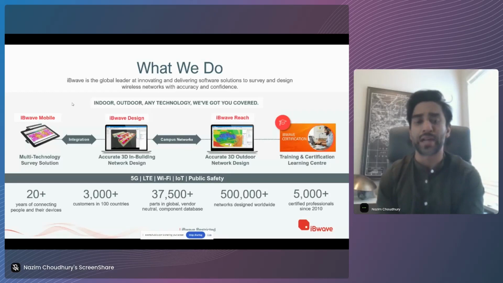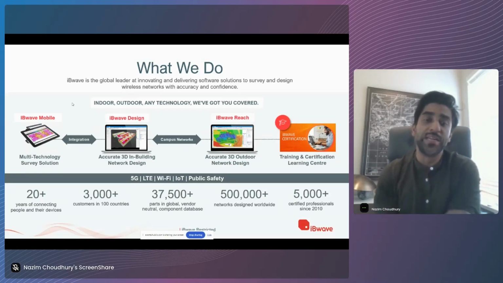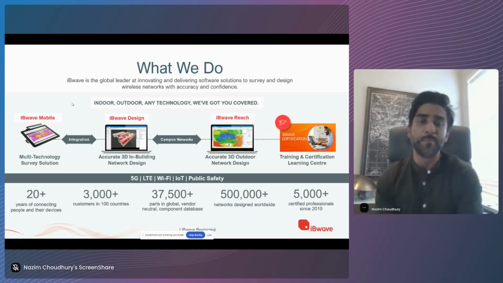So really down to the manufacturer specifications of how it's supposed to be performing, what those antenna patterns are like to ensure that you have the appropriate coverage and such. So up to date, there's over 500,000 buildings deployed using IBwave design worldwide, and there's 5,000 certified professionals who know how to use the software and know how to address the technology that they're designing for today.